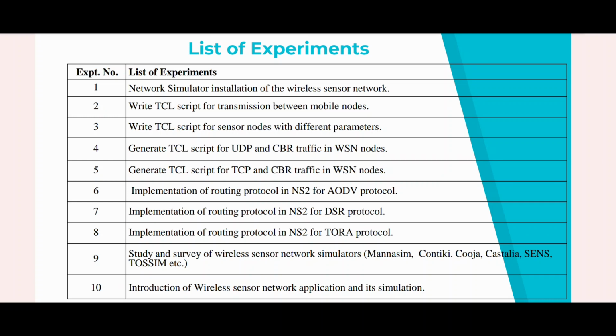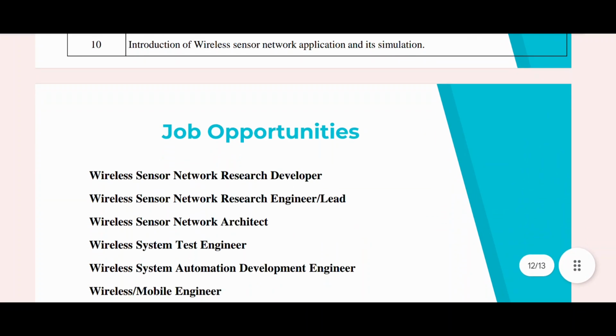And finally, introduction of wireless sensor node application and its simulation. So we need to design one specific application on a network simulator. It might be NS2 or any open source simulator available in the market. So these are the total 10 experiments in the WSN lab.